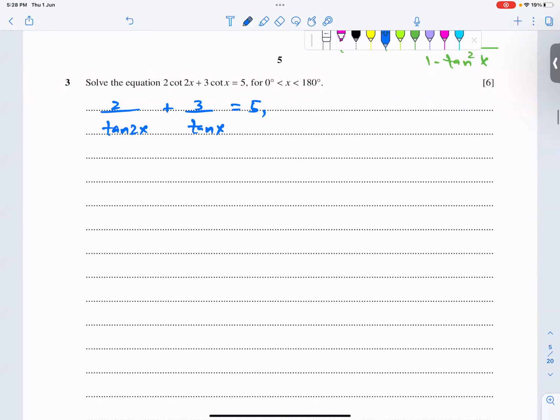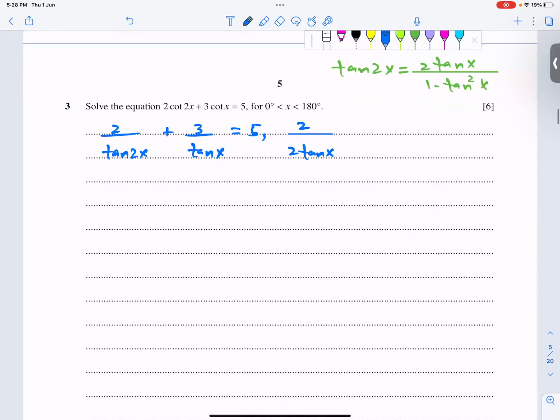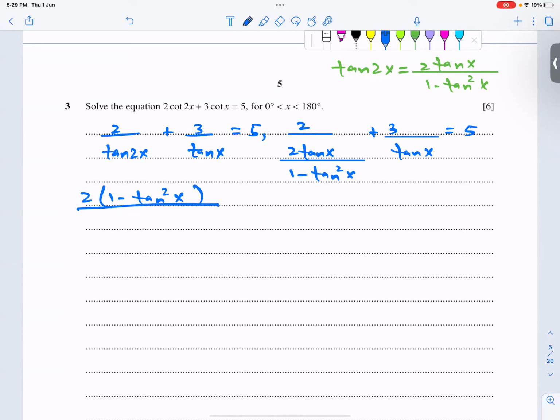So just use that formula. 1 minus tan square x over 2 tan x, plus 3 divided by tan x is equal to 5.